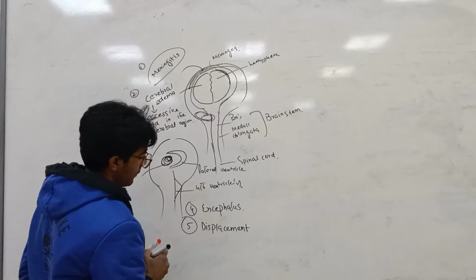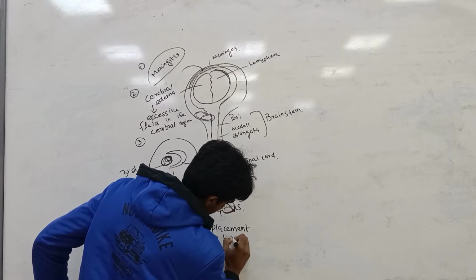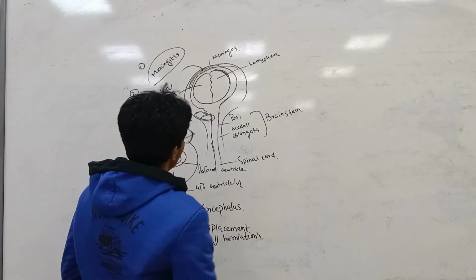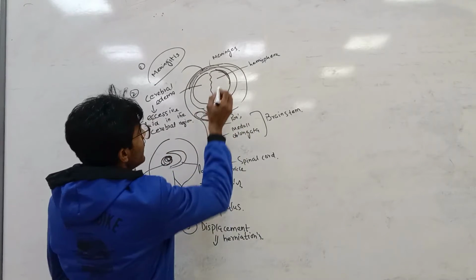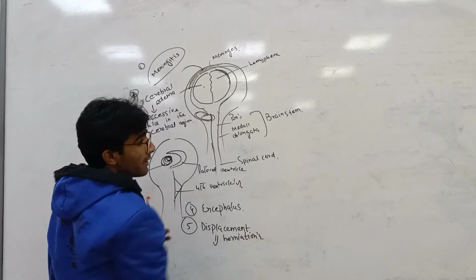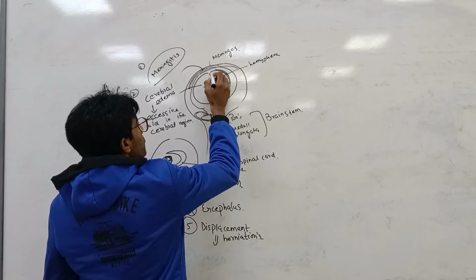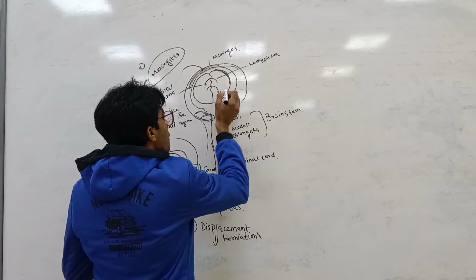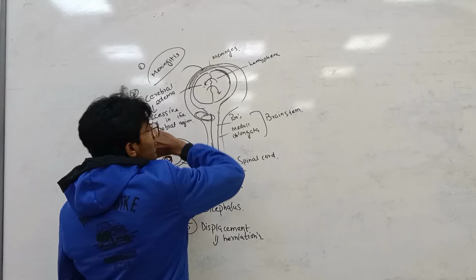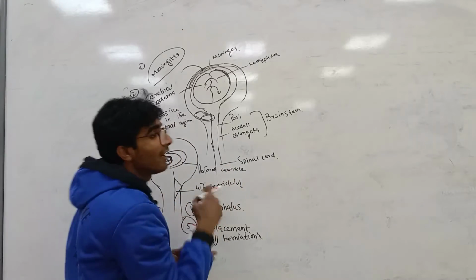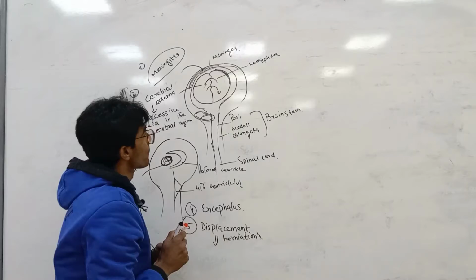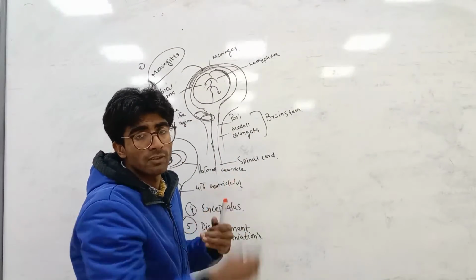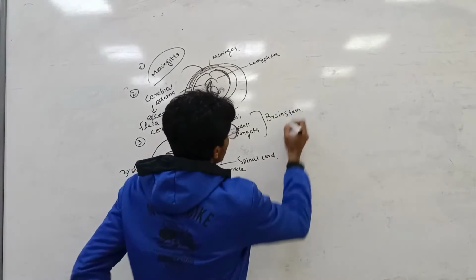Remember, there are two hemispheres, and sometimes these hemispheres are displaced relative to each other. One goes to the left side and the other to the right side. This is called herniation. Okay? And sometimes brain tissue is displaced from its position.